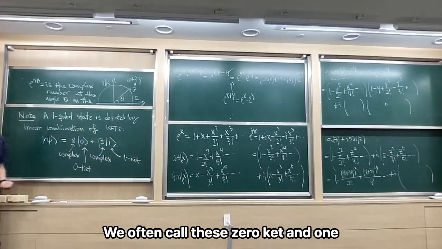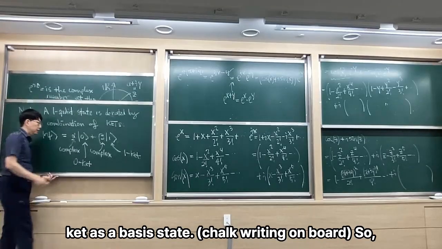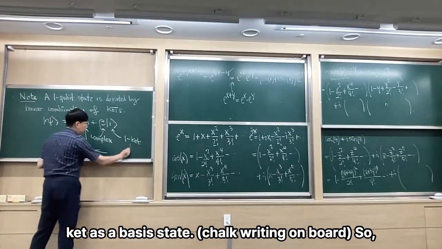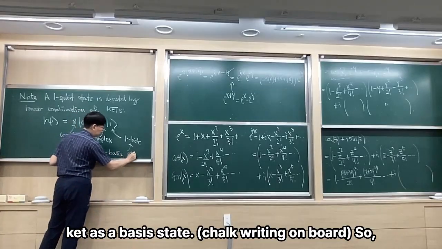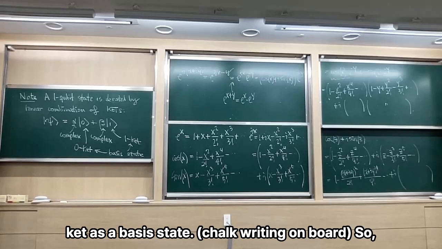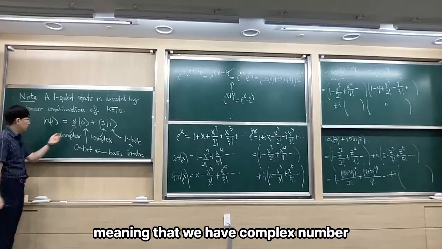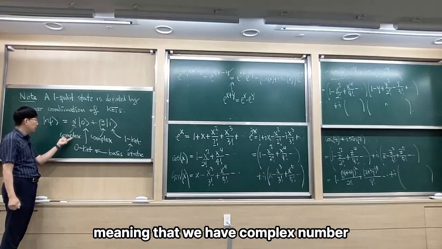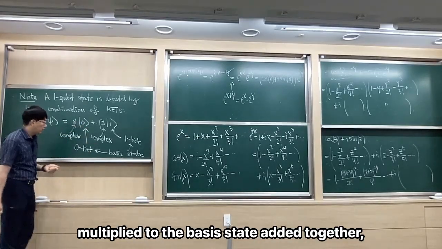We often call these 0 ket and 1 ket basis states. So every one qubit state is a linear combination, meaning that we have complex numbers multiplied to the basis states and added together.